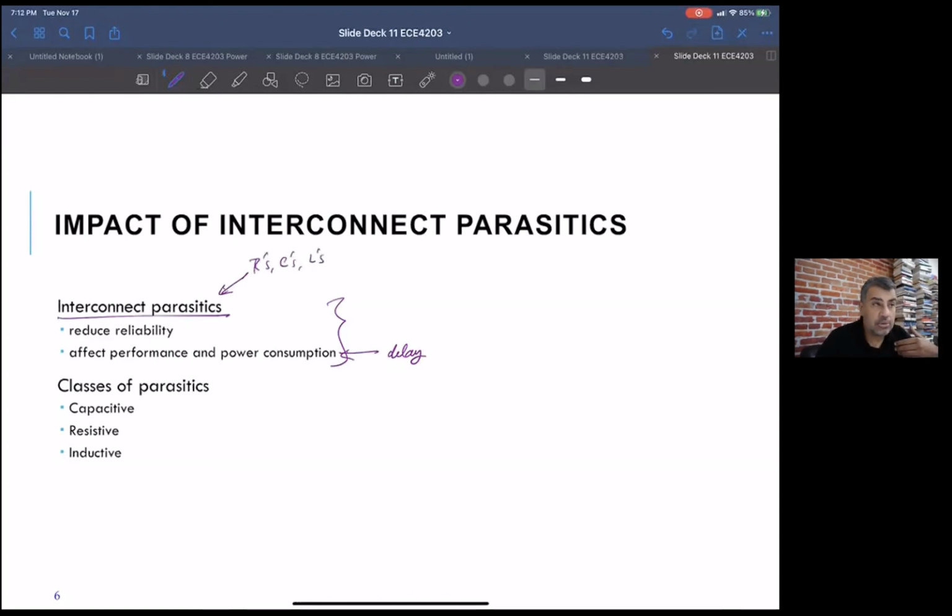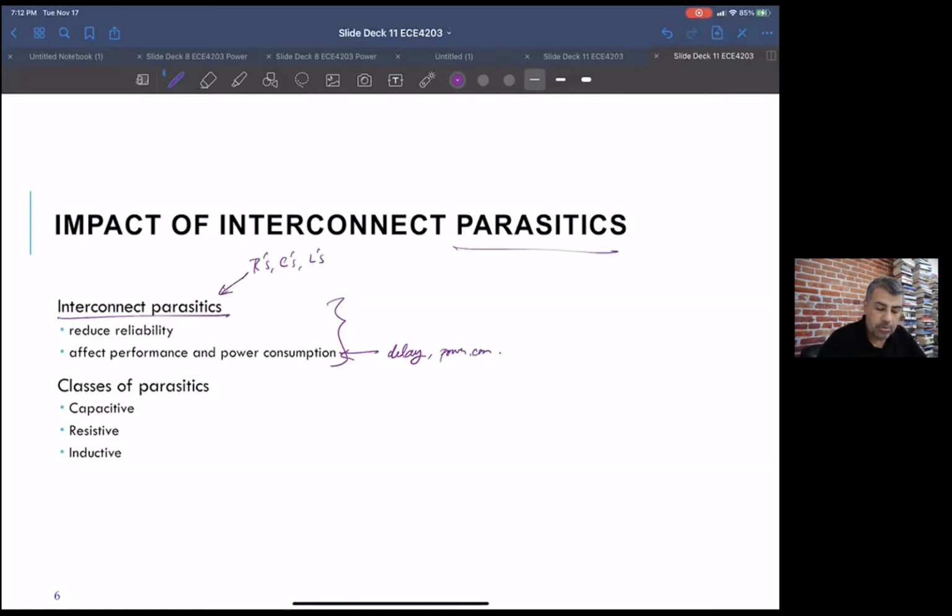Ideally, an interconnect would have zero resistance, zero capacitance, etc. So any of these factors that make for real interconnect, they call parasitics, but it's really inherent to a metal wire. So that if we look at delay, power consumption, those kind of things.